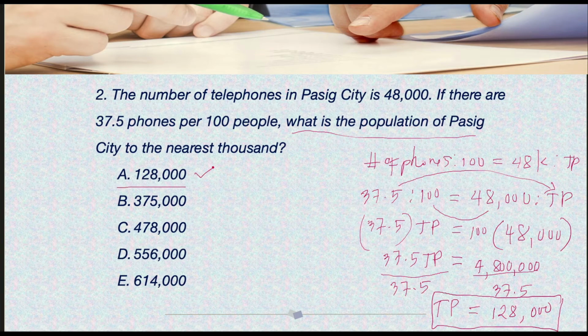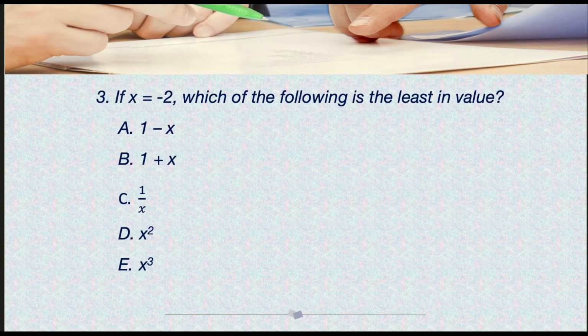Hope you understand. Just remember that in a proportion, the product of the extremes is equal to the product of the means. Next, in this problem, if x is equal to -2, which of the following is the least in value? In this problem, we'll be using the technique of plugging in and determining which one is the smallest.